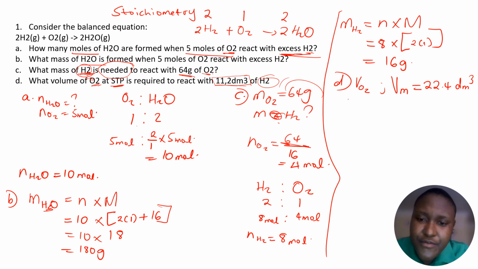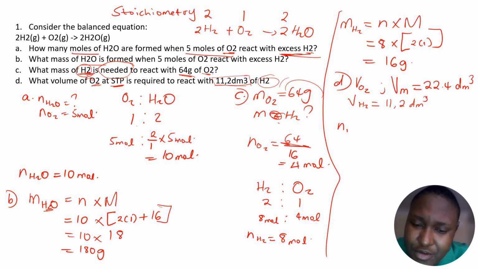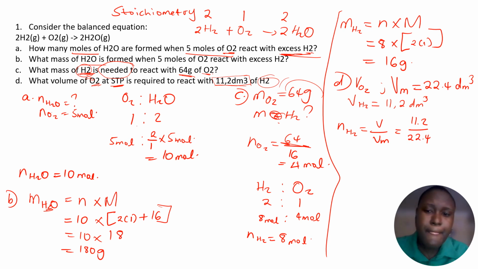We know the volume of H2, which is 11.2 cubic decimeters. And because we know the volume, number of moles of H2 will be equal to V over Vm, which is equal to 11.2 over 22.4, which is, I believe, half. 11.2 divided by 22.4. Let me just verify. Yes, that is half.